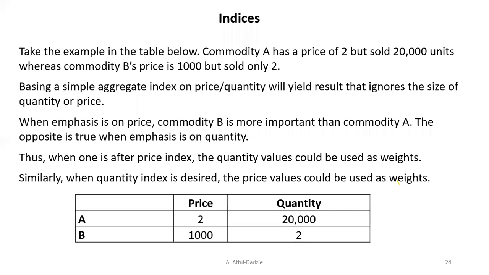However, if you're selling a piece of gold for 1,000 cedis, can that same person afford 20,000 units of gold in a week? No, maybe 2 in a month. So in these instances, there are clear variations as a result of the price and the quantities being bought, so we need to attach importance to the one that seems to be more important than the other.